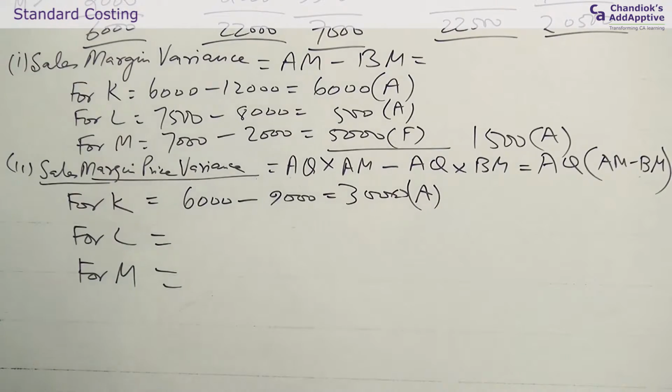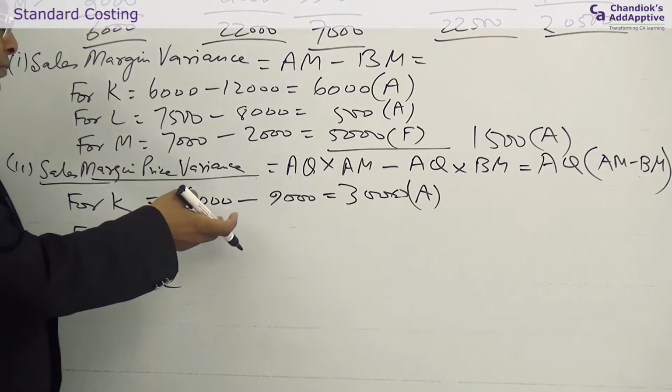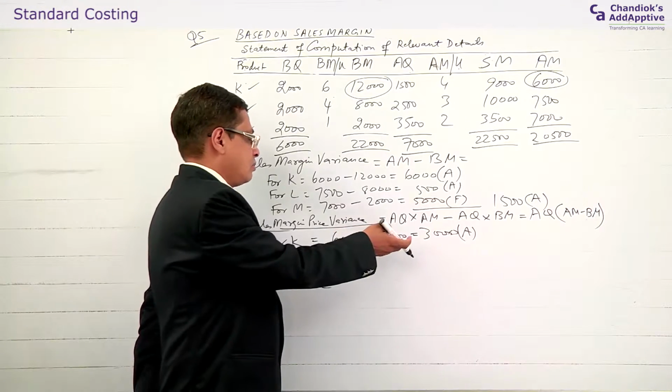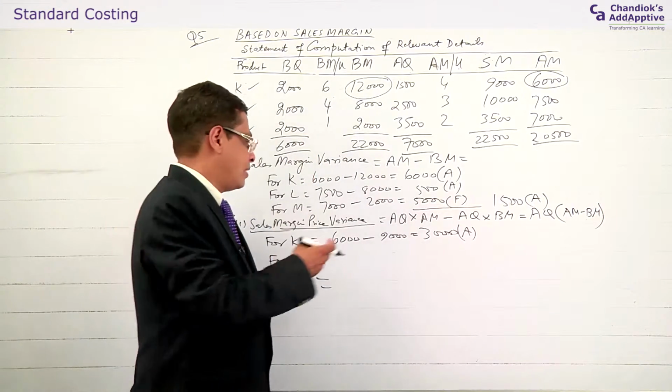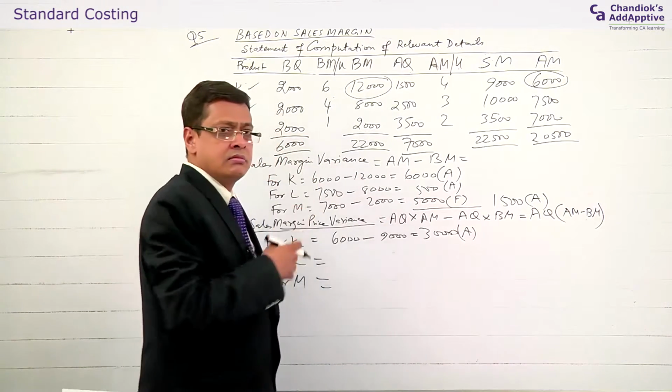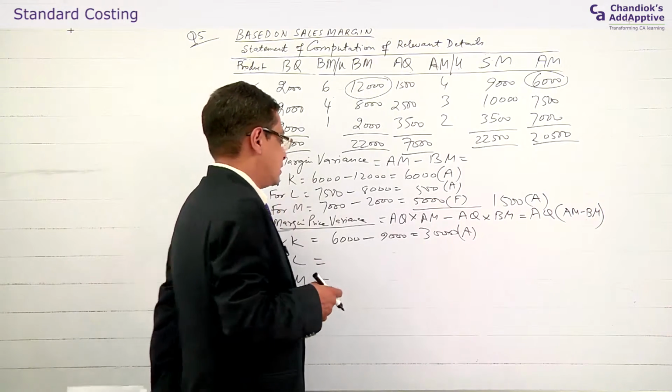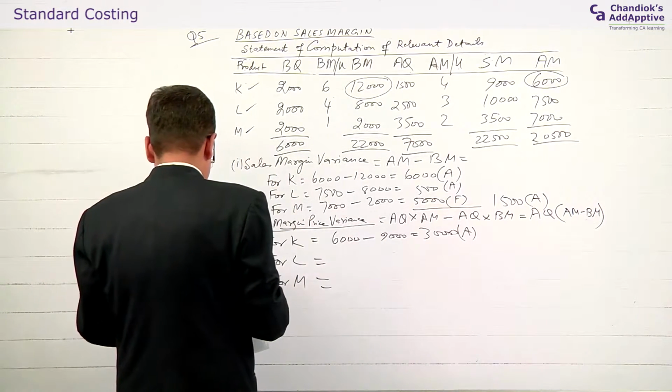Why it is 3000 adverse? Because you have not sold anything more than budgeted. You have sold 3000 less than 9000. Therefore, it is 3000 adverse.